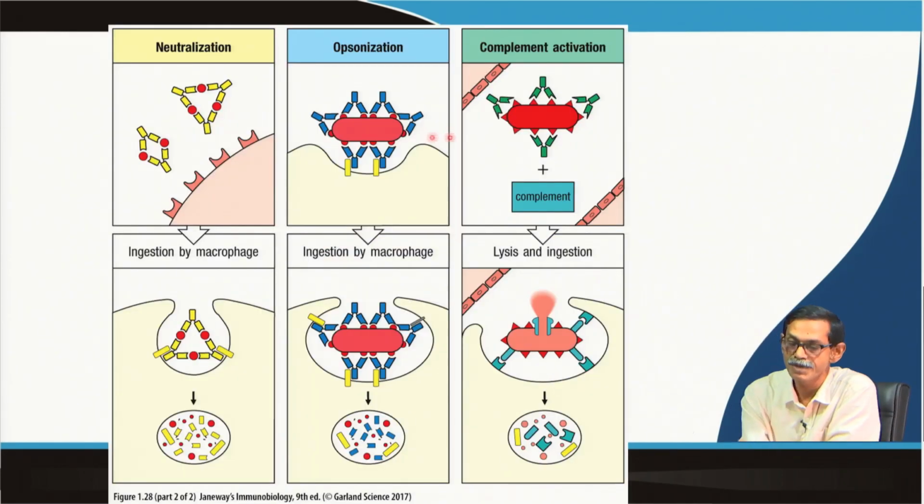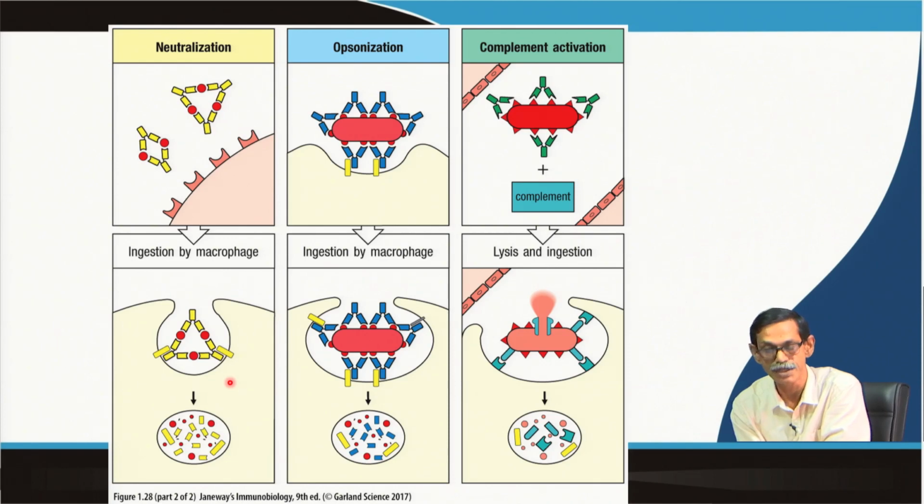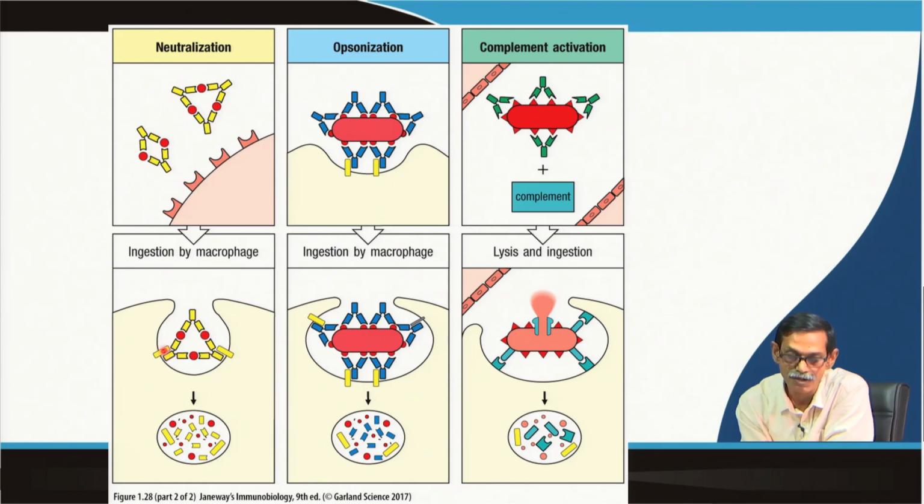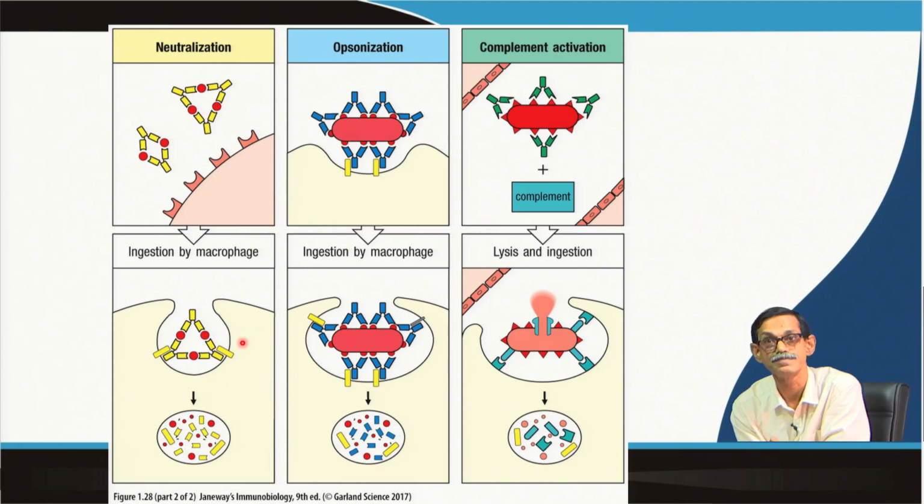Coming to the previous slide here: neutralization, opsonization and complement activation. I will go one by one. After neutralization of the toxin molecule, what happens? Macrophage is there; I already told you that it cleans up mess or eats our own things. If you see this yellow line, the macrophage has a receptor for antibody.